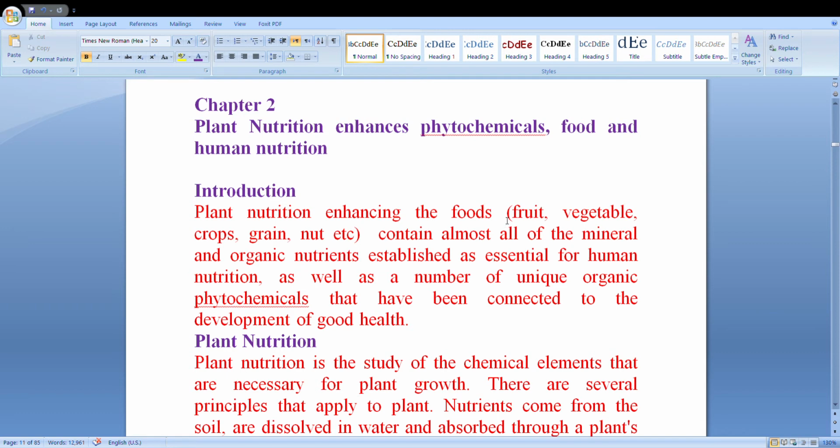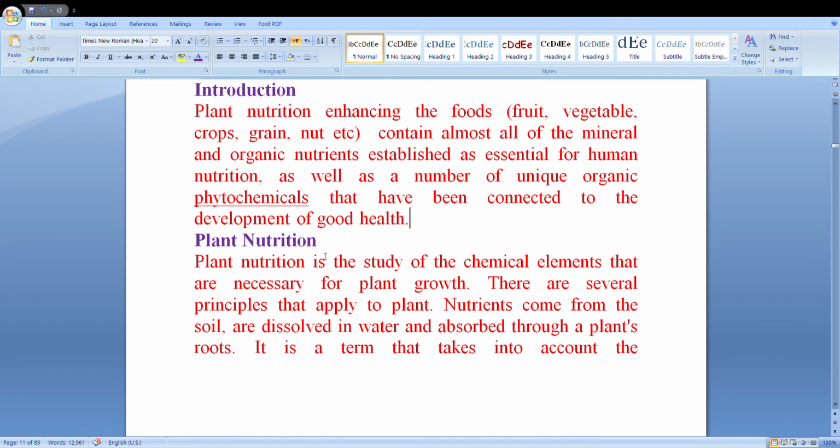This is almost all different types of foods. They contain almost all of the minerals and organic nutrients established as essential for human nutrition, as well as a number of unique organic phytochemicals that have been connected to the development of good health.